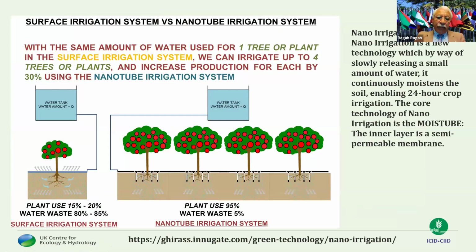The amount of water that can be used to irrigate one tree by surface irrigation, nano irrigation can be used to irrigate 4. So you can see now how high the efficiency of nano irrigation can go, to 95% efficiency if you use nano irrigation system compared to the surface irrigation system.